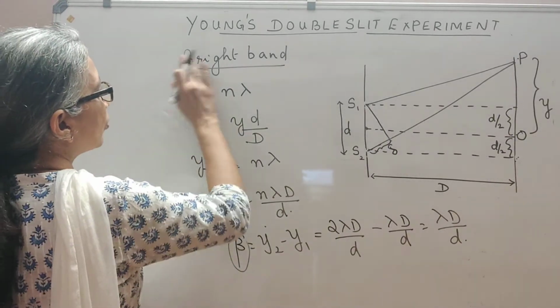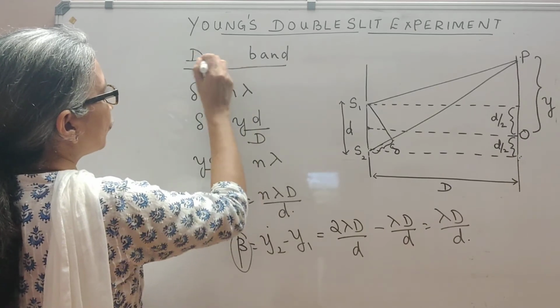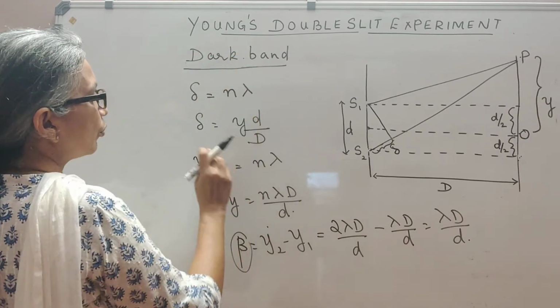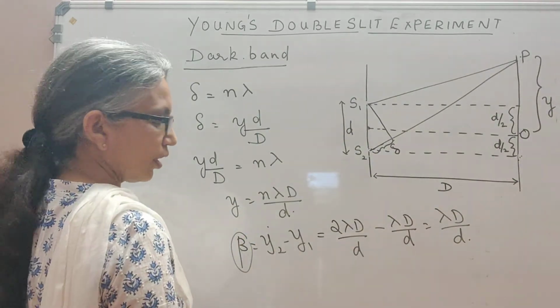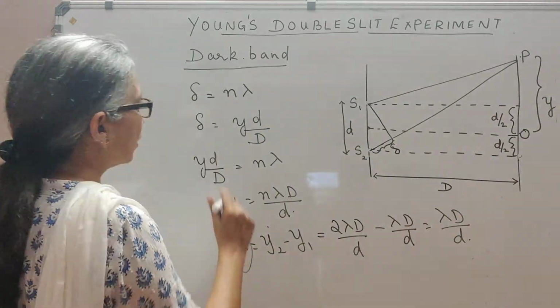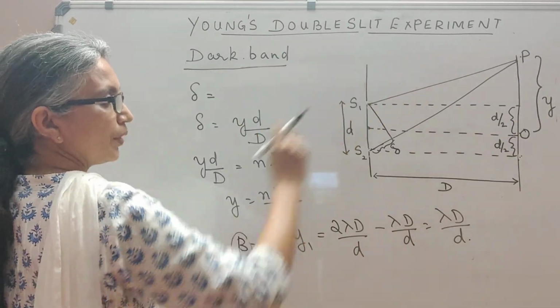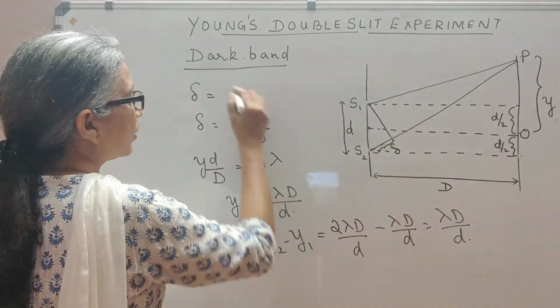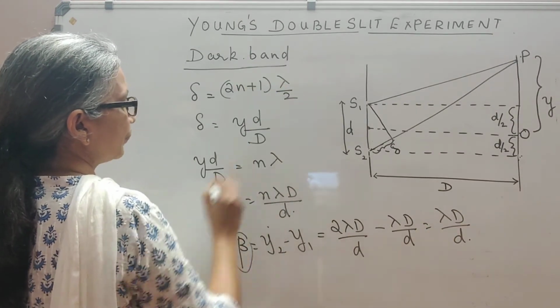The same thing if you're going to repeat for a dark band. Okay, I want to find the width of a bright band. So I need to find the y for a dark band, subtract two consecutive y for dark bands and get the width of a bright band. So the condition in the previous session we found for a dark band to be at P is this delta must be an odd multiple of lambda by 2.